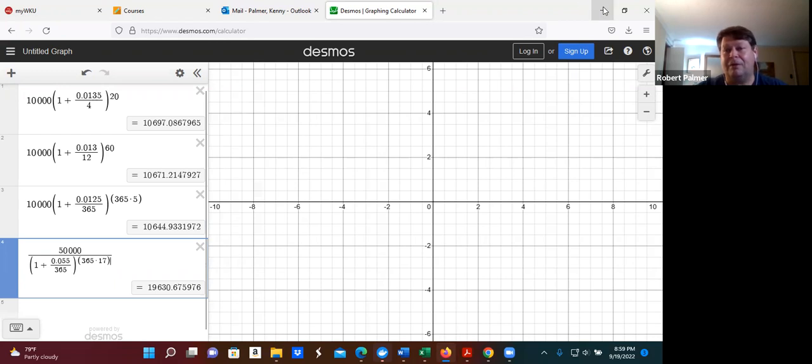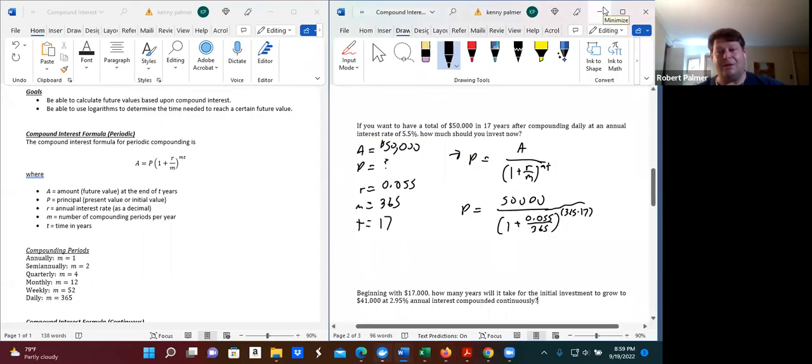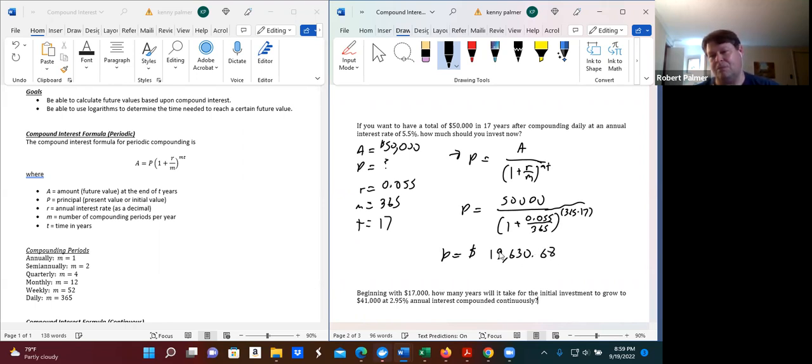That's the value we're going to need to start with to get $50,000 in 17 years. So that's, once again, $19,630.68.